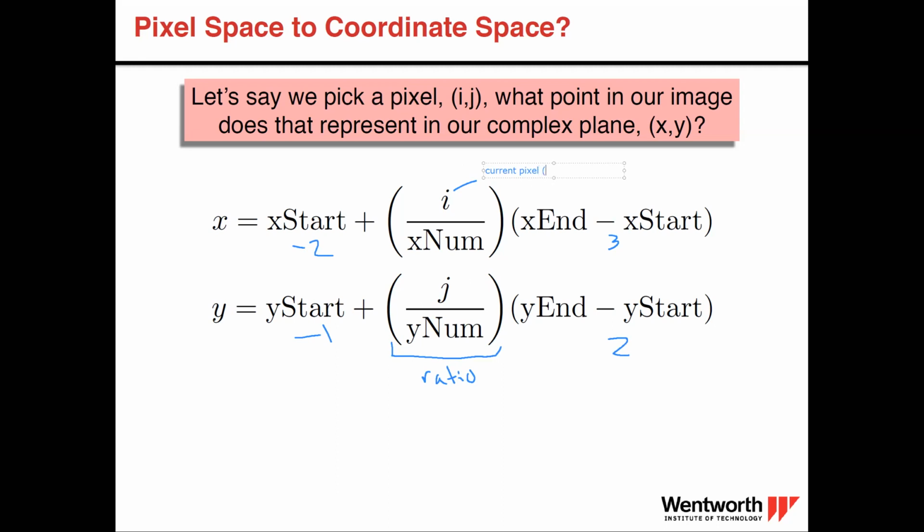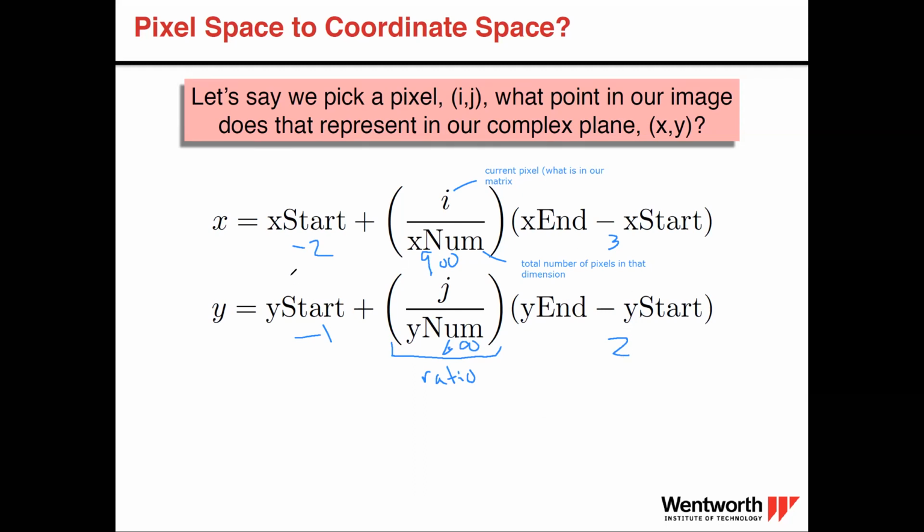So this is literally what is in our matrix. The num here, for the X and the Y, this is the total number of pixels in that dimension. So remember, for X, we have 900, and for Y, we had 600.